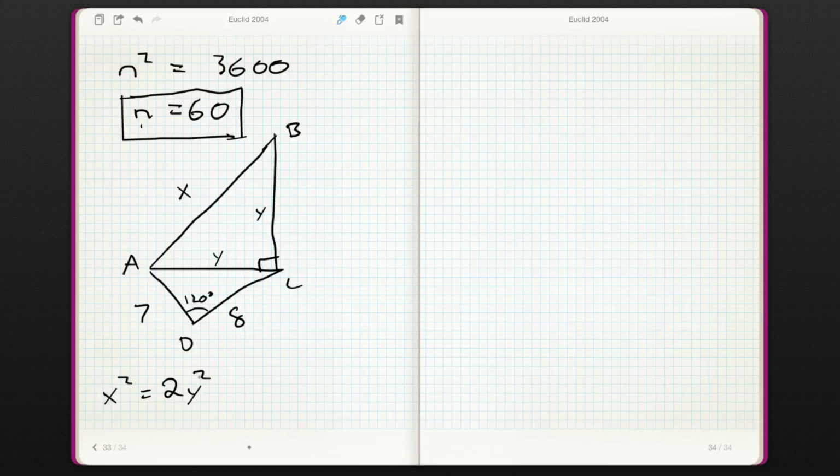So 2y squared there. And then, by cosine law, see, I never used cosine law in real life, so now I have to try and remember what it is. Sine law is the pretty quick one to remember, but y squared, because the way I remember cosine law is it's basically Pythagoras.